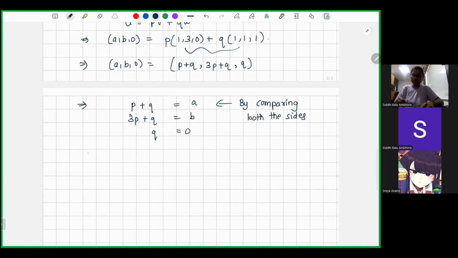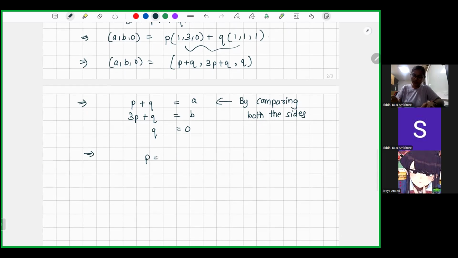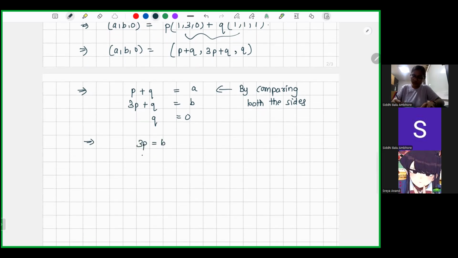Once I have q equal to 0, this implies 3p is equal to b and p is equal to a.